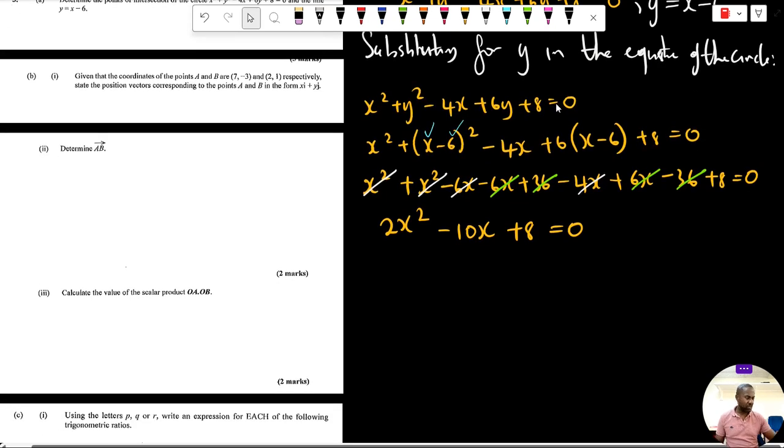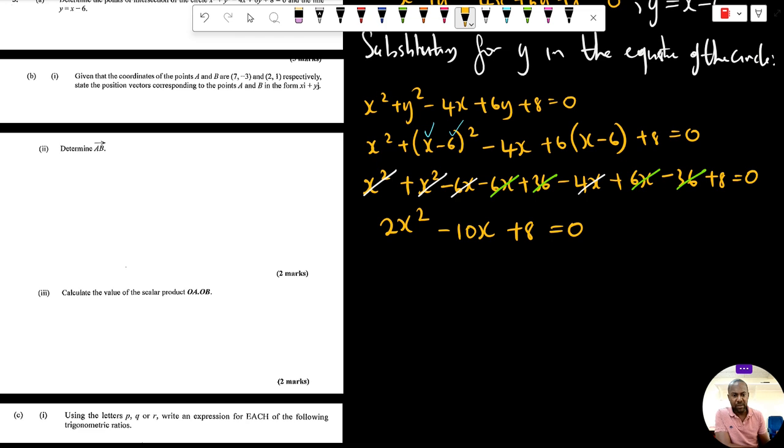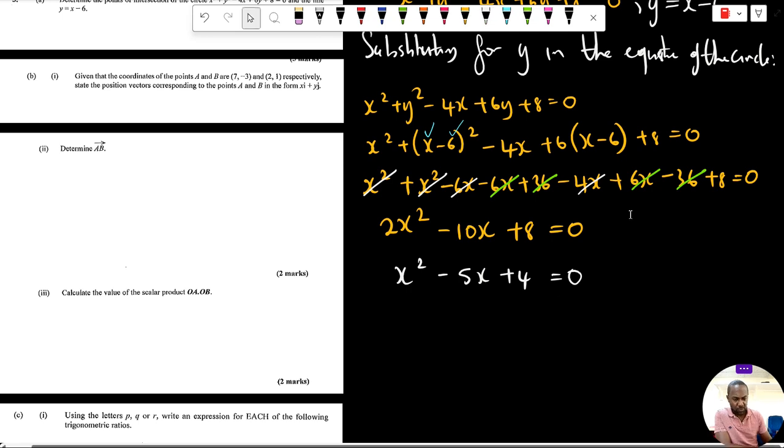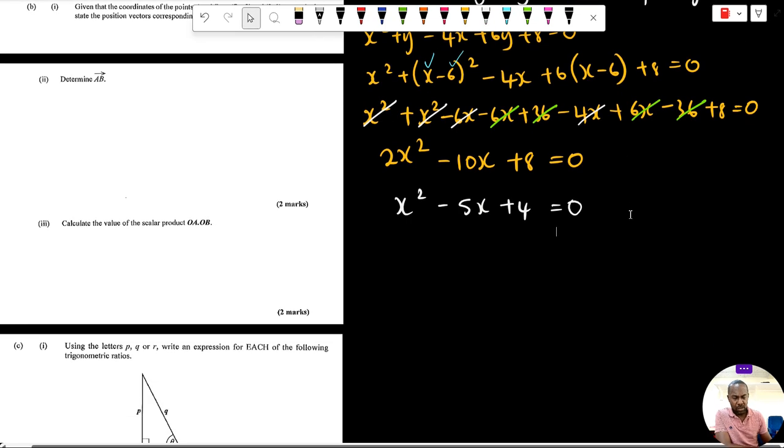Now that we've reduced this to a quadratic equation, we can make it a little bit simpler by dividing both sides by 2. Dividing through by 2, we get x squared minus 5x plus 4 is equal to 0. And at this level, we should be able to factorize this.